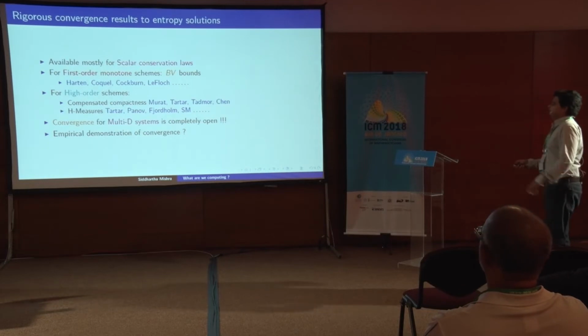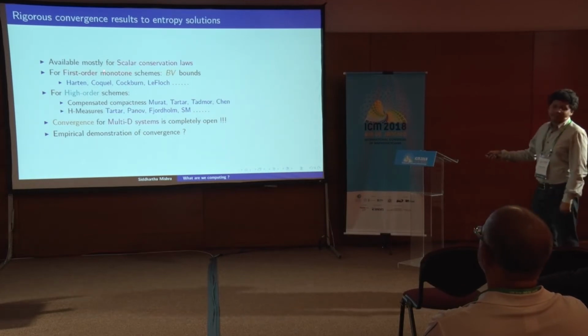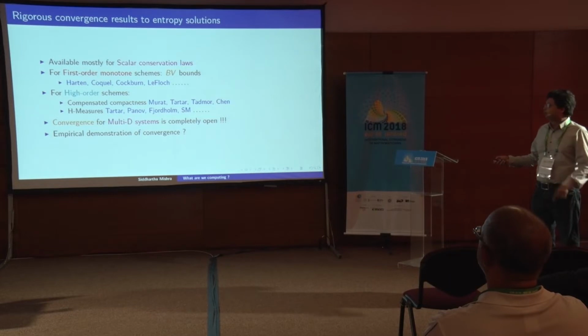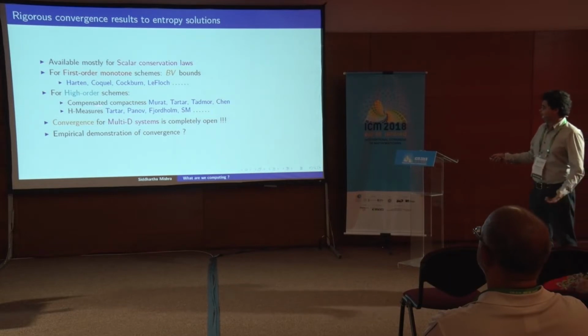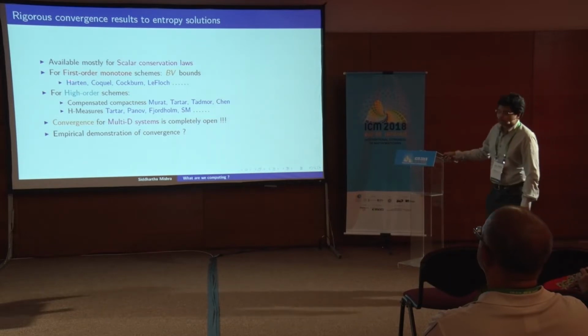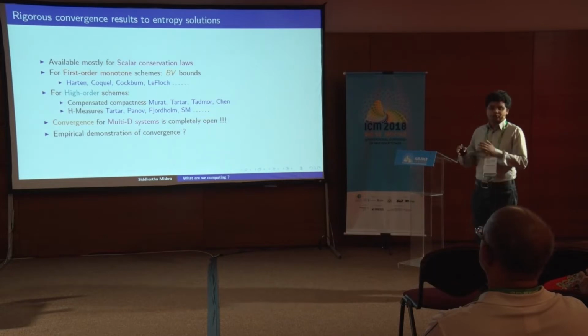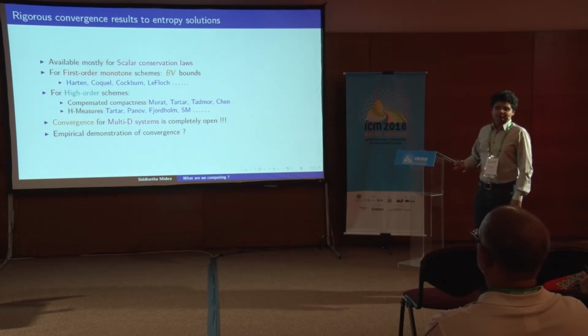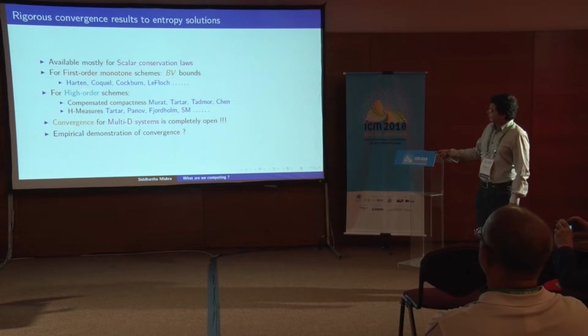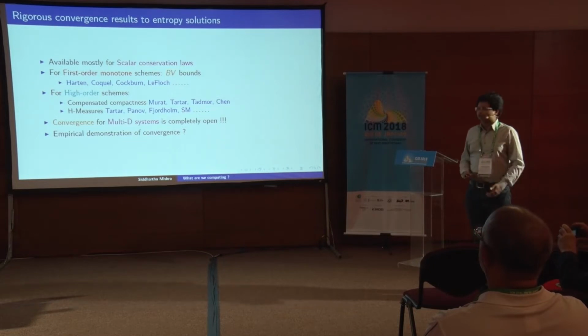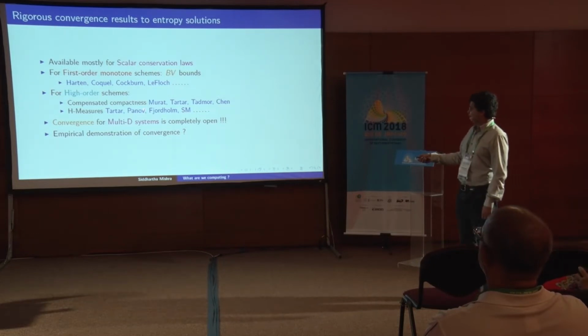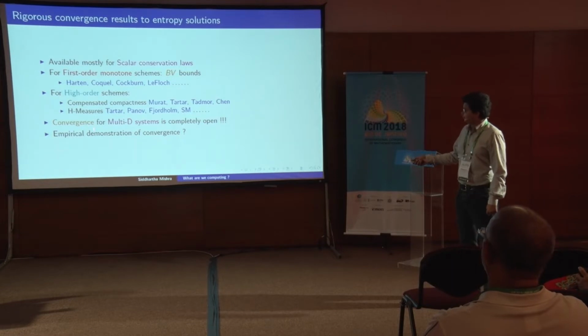Is that true? It is true for scalar conservation laws, when you have exactly one unknown. There are varieties of papers on that. If you have first order schemes, then you can use some control on the derivative in the functions of bounded variation. If you have high order schemes, you need more sophisticated techniques, for instance, compensated compactness or H-measures.